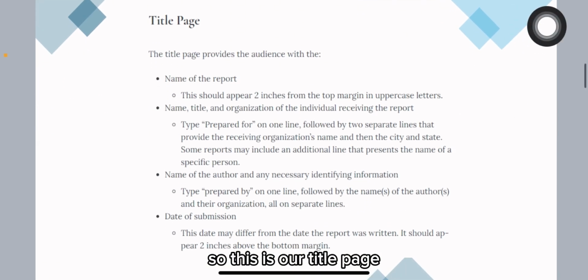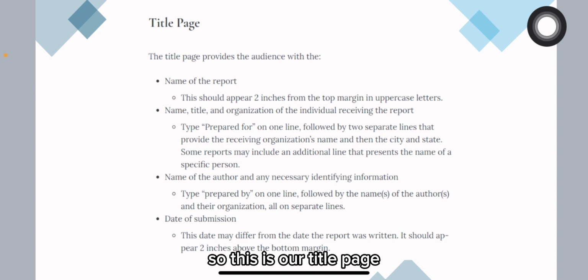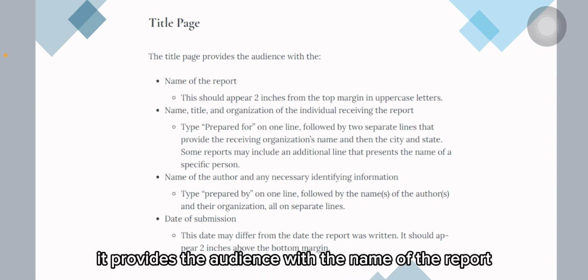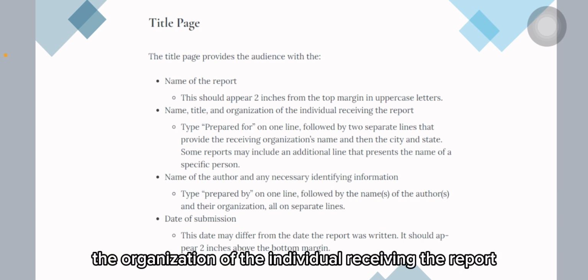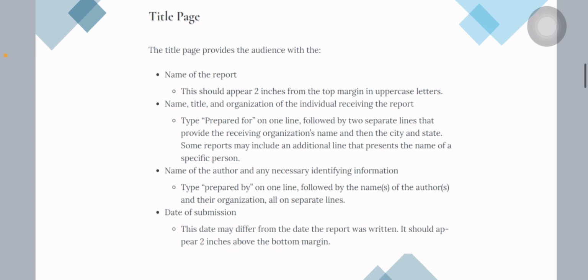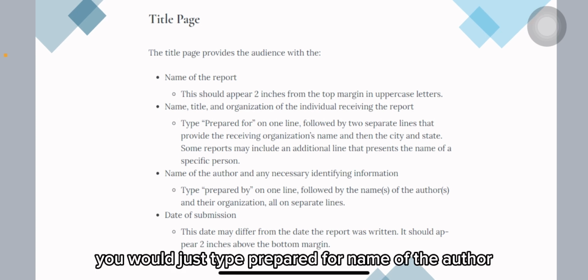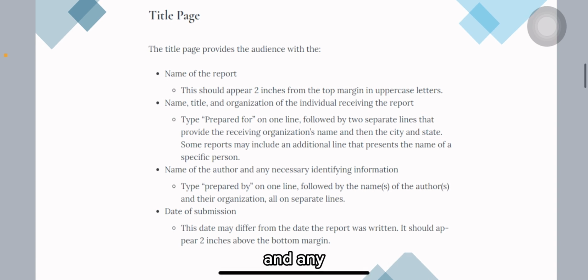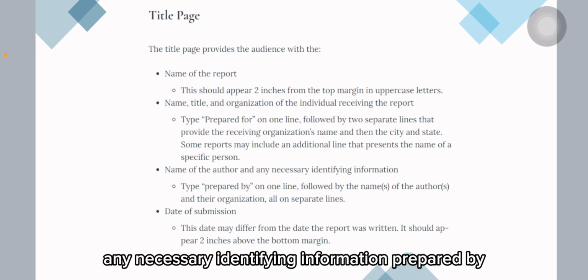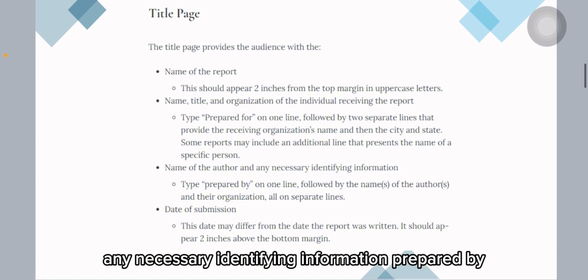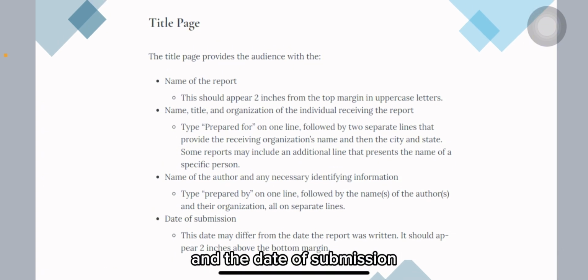So this is our title page. It provides the audience with the name of the report and the organization of the individual receiving the report. You would just type prepared for, name of the author, and any necessary identifying information, prepared by, and the date of submission.